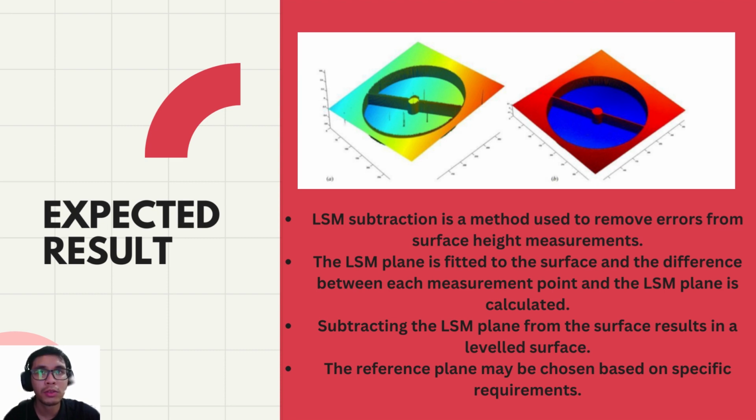This difference, also known as the residual, represents the deviation of the surface from the least square mean plane. By subtracting the least square mean plane from the reference surface, the resulting level surface is obtained. The reference plane used for this subtraction may be chosen based on the specific requirement of the application.